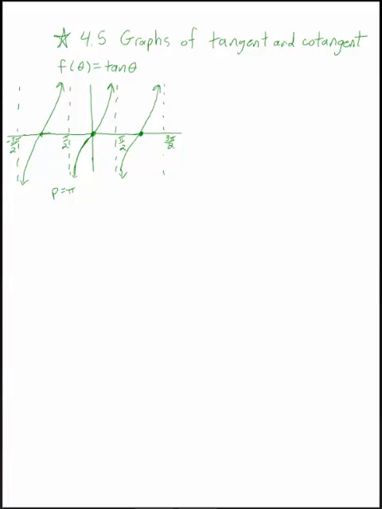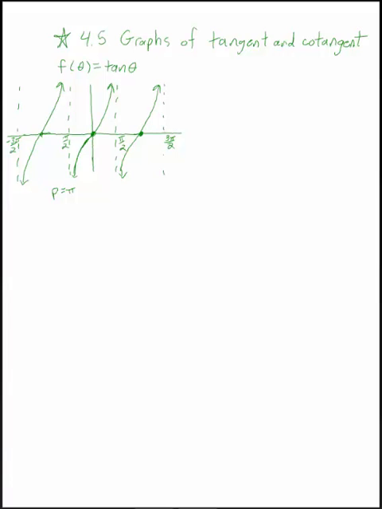Excellent. So there's the tangent graph. And then I could draw as many cycles as I wanted. Now, most of the time I just draw one cycle, and then any questions I wanted to answer, I could figure them out just by looking at one cycle. So usually the best cycle to draw is just the one that has the 0 right at the origin.